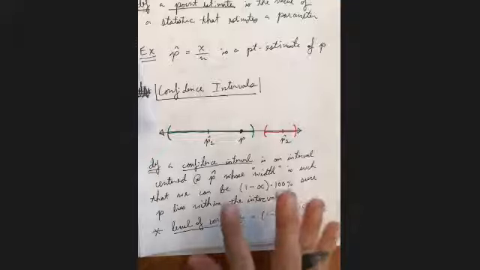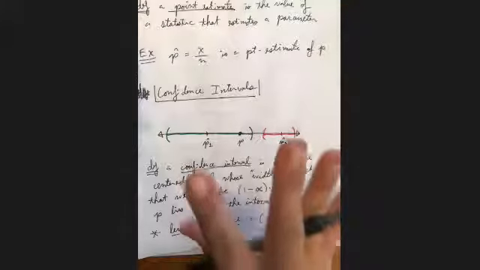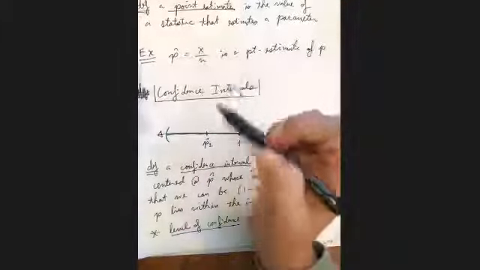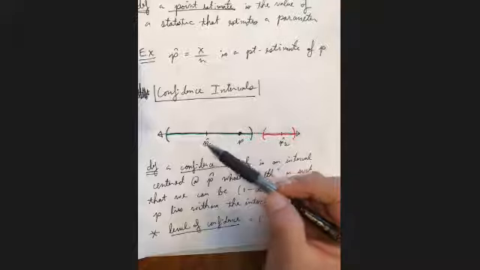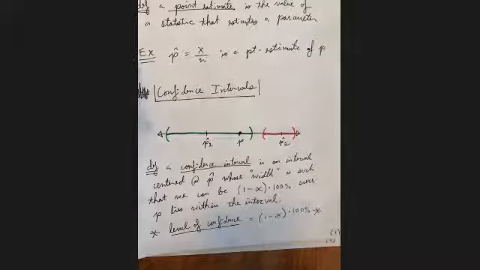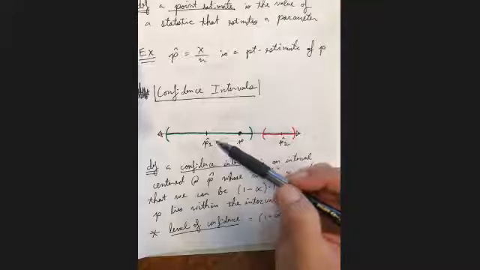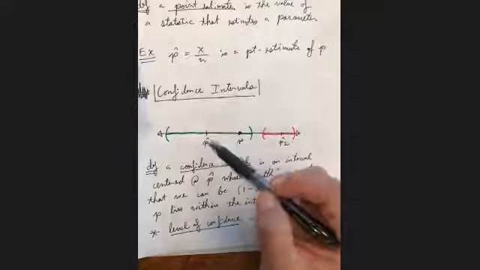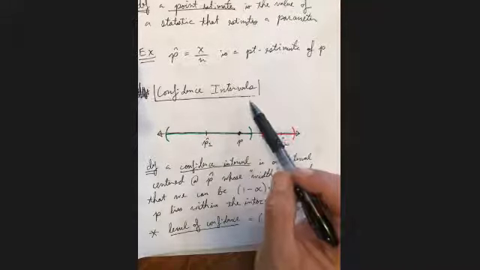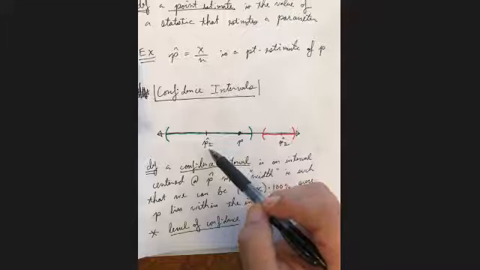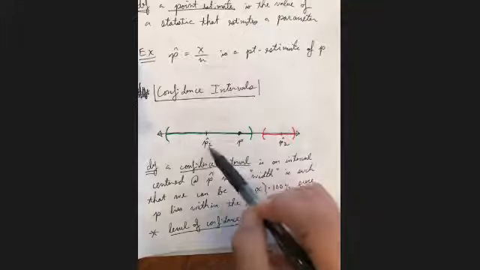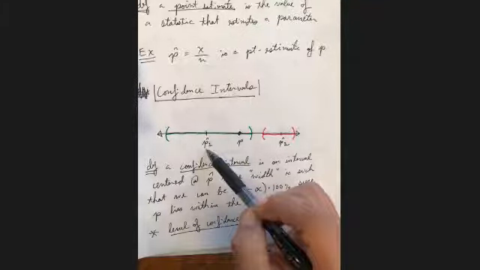So what we're doing with confidence intervals is the following. We take a sample and we calculate the proportion for that sample, say sample 1. We then construct an interval that's centered at that value. So this value falls directly in the center of the interval. It has a lower bound and an upper bound.